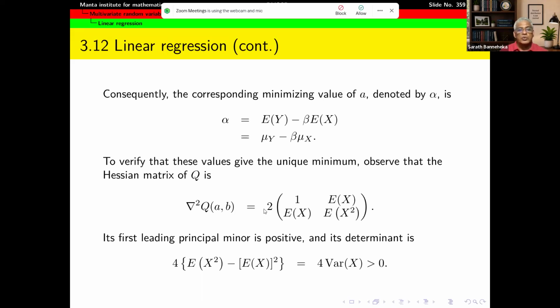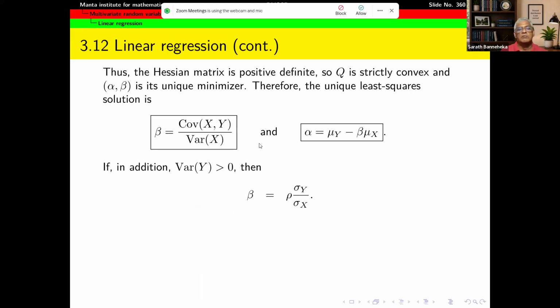The first leading principal minor, which is going to be 2, is positive here. And the determinant of this Hessian matrix is positive. We get this expression, and this is actually the variance. The variance is positive for the random variable x, since x is not a constant here. That implies that this (alpha, beta) point is actually the minimum point of the Q(a, b) function.